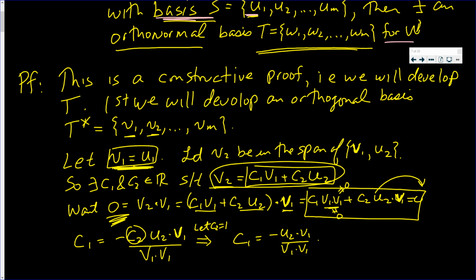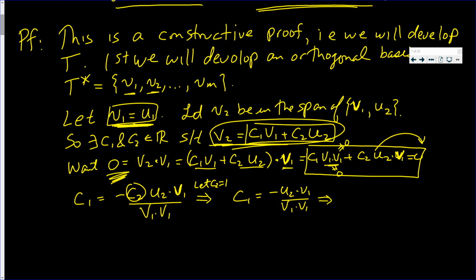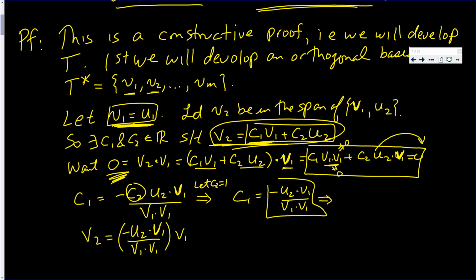So V2 is equal to C1 times V1, so it's negative U2 dot V1 all over V1 dot V1, that scalar times the vector V1, plus 1 times U2, which is just U2. Okay, so that's V2.